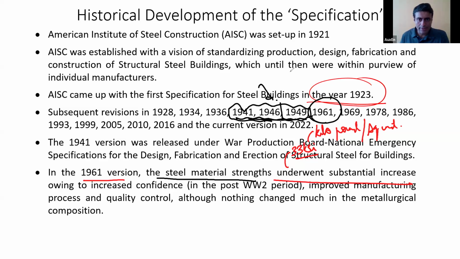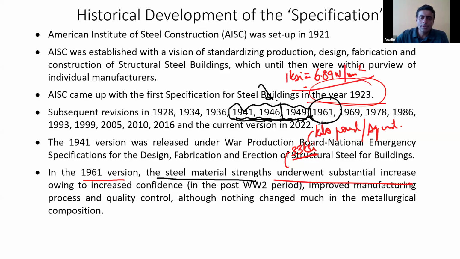So 1 KSI will be around, I think, 6.89 newtons per mm square. Clear? So 33 KSI will be how many newtons per mm square?